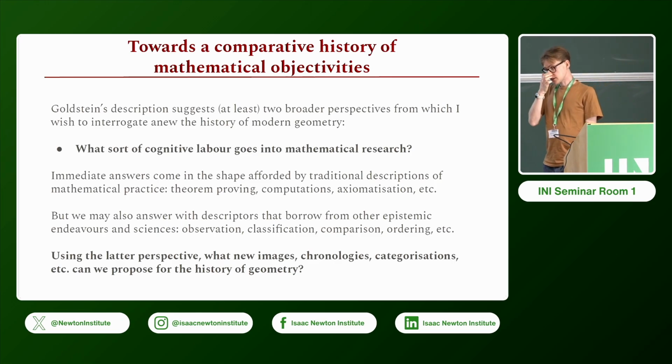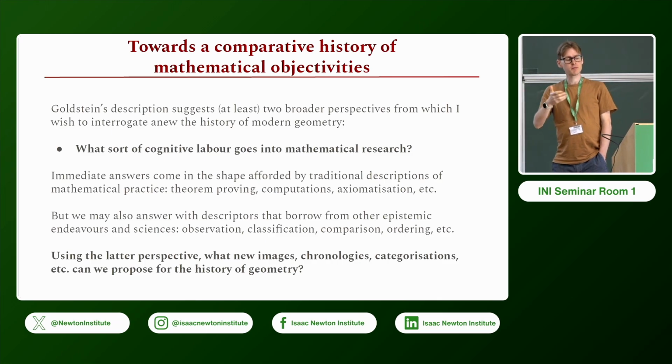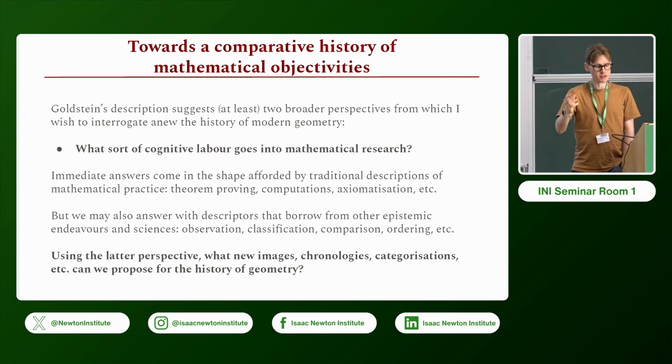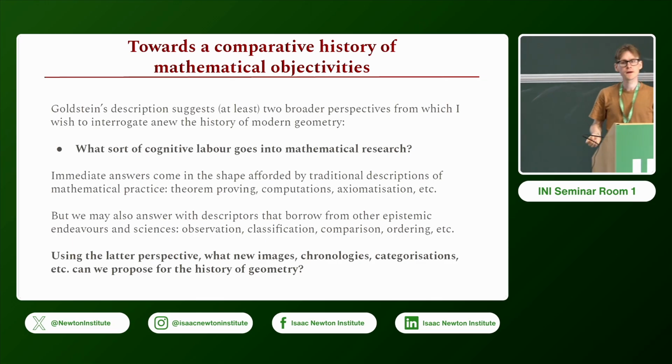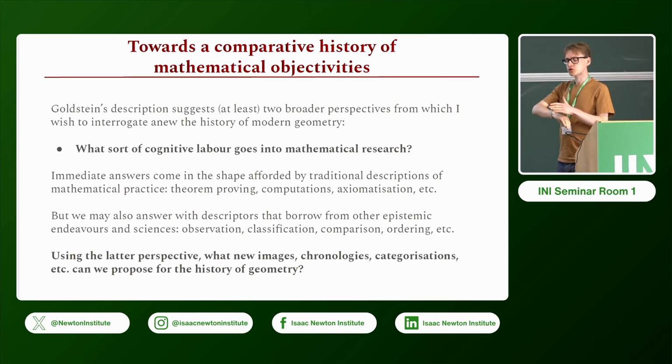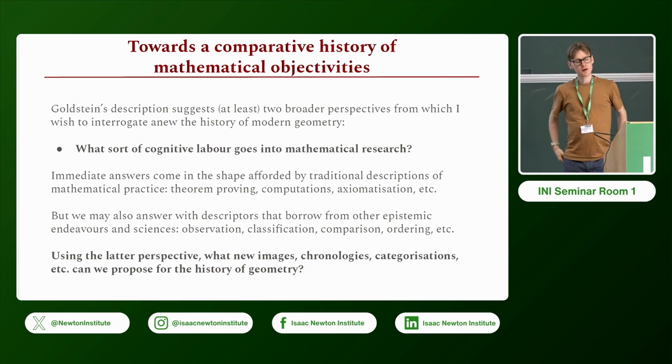And so this also suggests using categories to describe specific mathematical texts or practices that are not field-specific, theory-specific, object-specific, and so on, that cut across a much broader spectrum of activities, whether within mathematics or beyond.